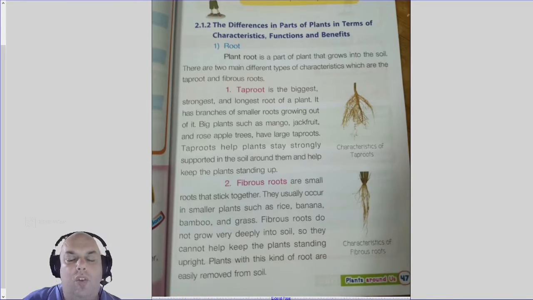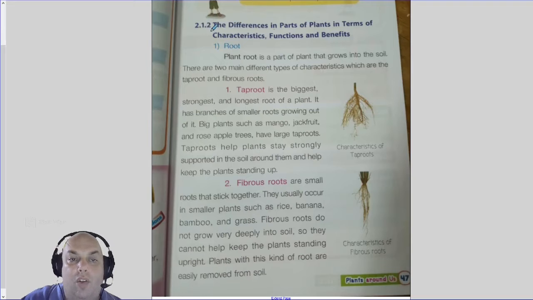Well, the roots of the plant grow in the soil, and they take the water from the soil and then they bring it to the stem. Yes? So the roots take the water out of the soil. It also keeps the plant firmly in the soil so the plant doesn't fall over. Okay, now there are two different kinds of roots that we're going to look at today.